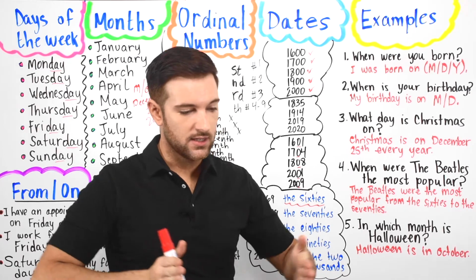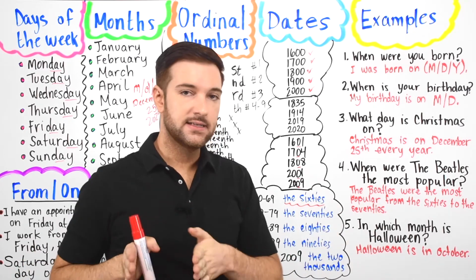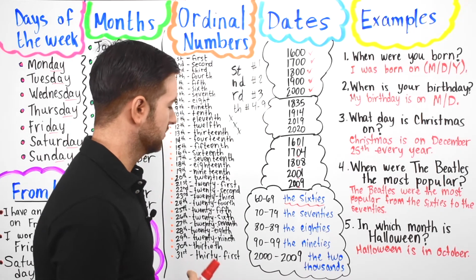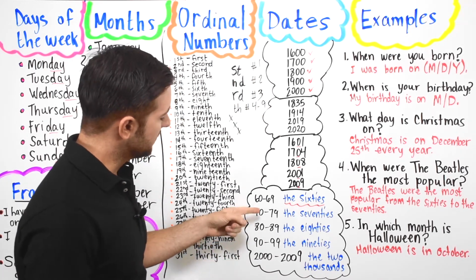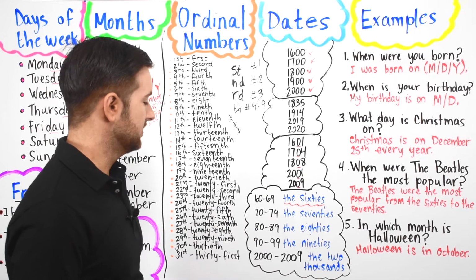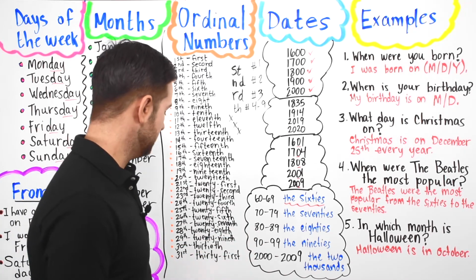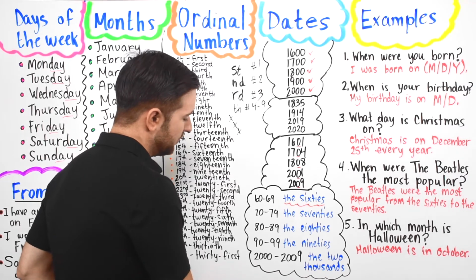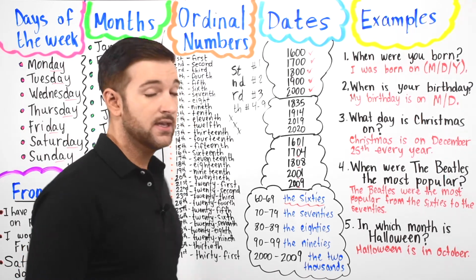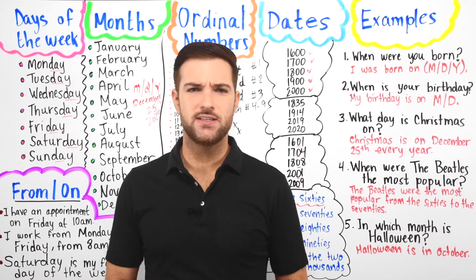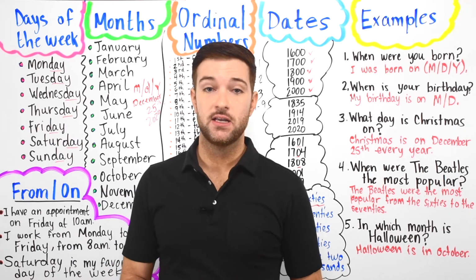So we just say the 60s from 1960 to 1969. 1970 to 1979, the 70s. 80 to 89, the 80s. 90 to 99, the 90s. And then 2000 to 2009, we say the 2000s. Okay, so that's pretty easy. Just make sure you memorize that.